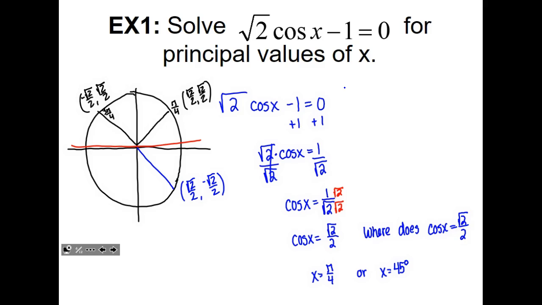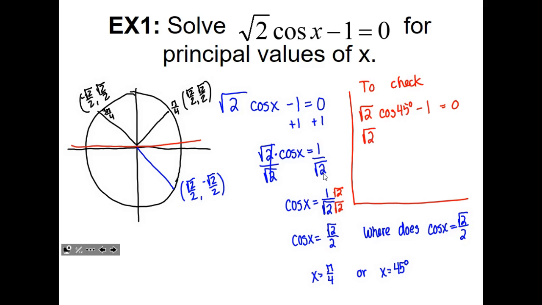All right, questions? You can always check these by plugging in your answer. So to check, I would have square root of 2 cosine of 45 degrees minus 1, and that should equal 0. So the square root of 2 times the cosine of 45 degrees is square root of 2 over 2.